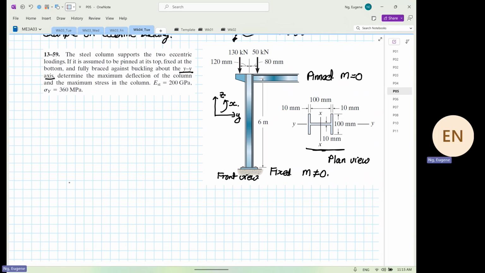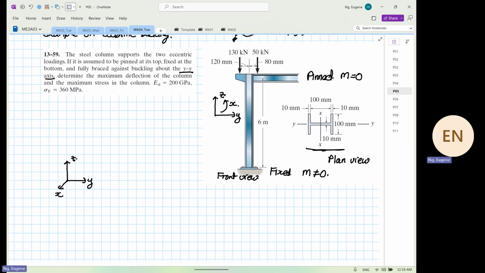This will be my Y. This will be our Z. And this will be our X. Okay, it can be in that orientation.